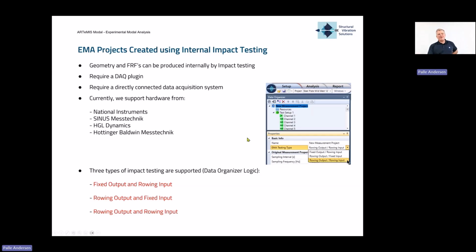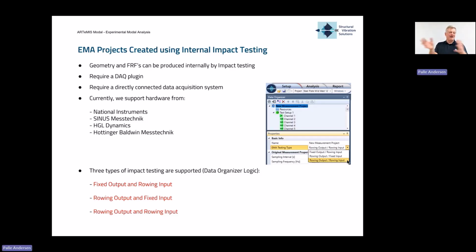One thing worth mentioning is that for this type of impact testing we do, we need to create a test geometry or import it. And then, of course, we need to produce the FRFs by means of impact testing. To do that, we need to connect to some hardware, and one will need an additional license on top of ARTeMIS Modal EMA.